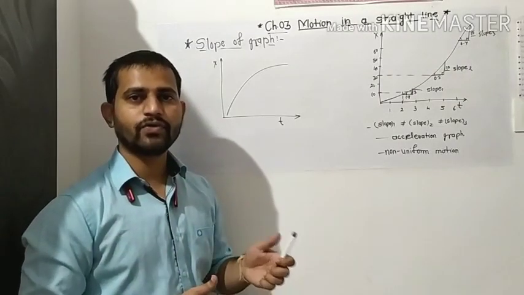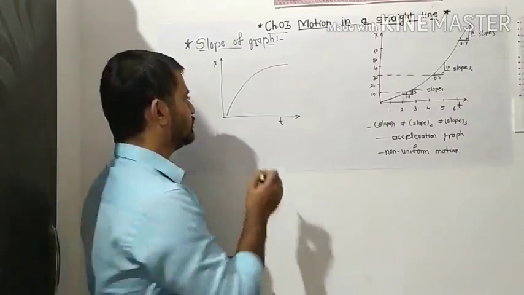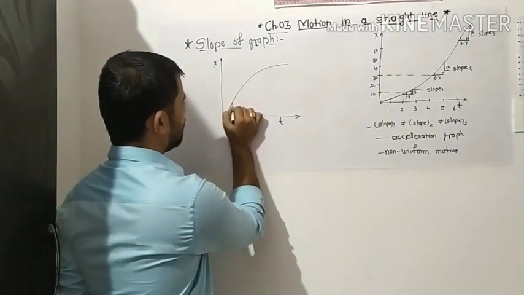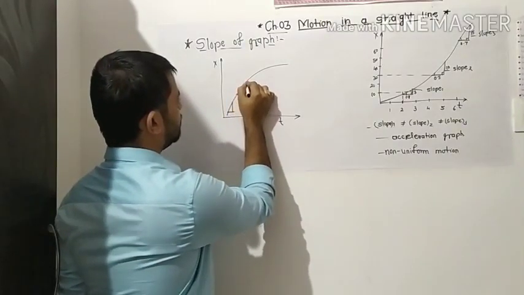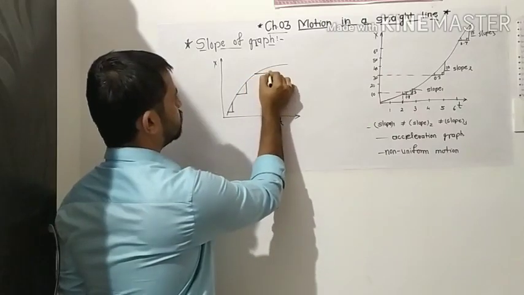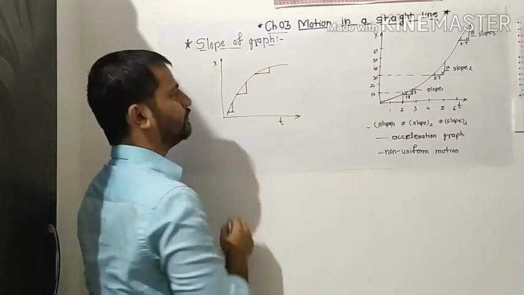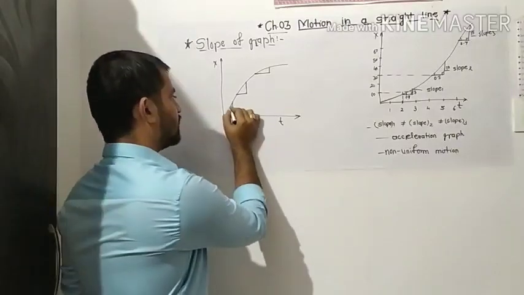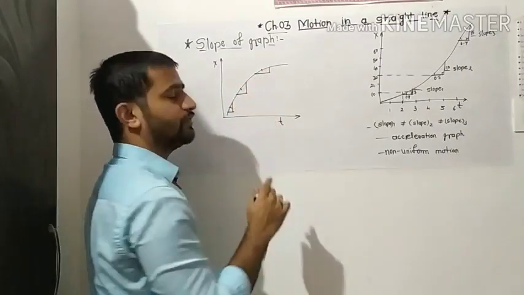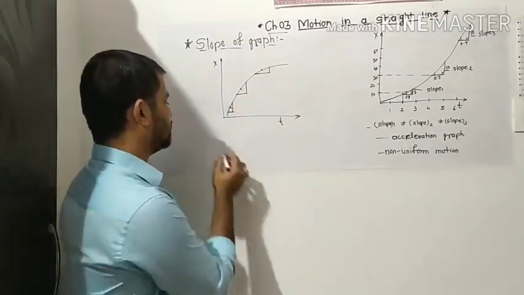If we count the slope at this point, it will be different. If we count the slope at that point, it will be different. So at each and every point we will get different velocities.